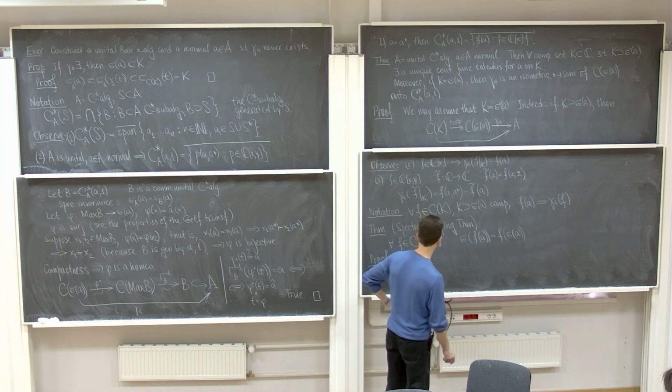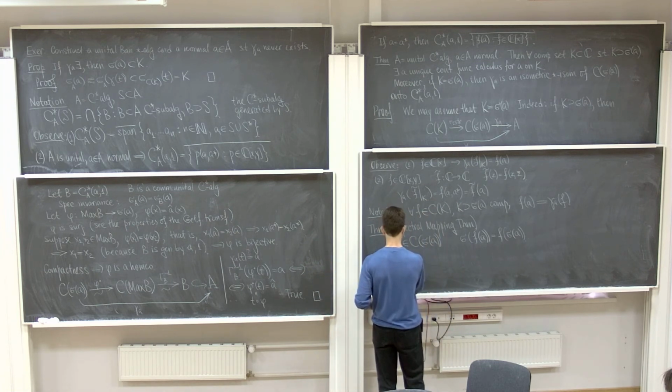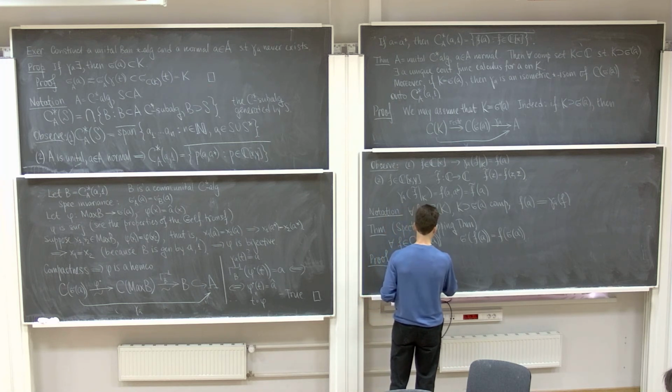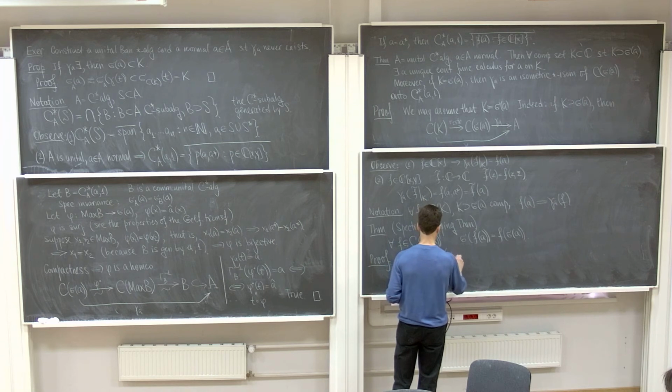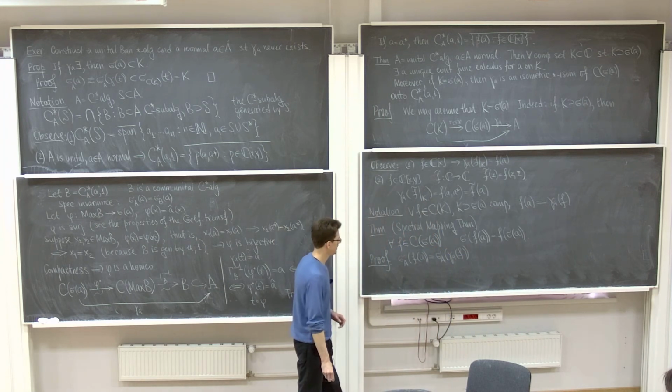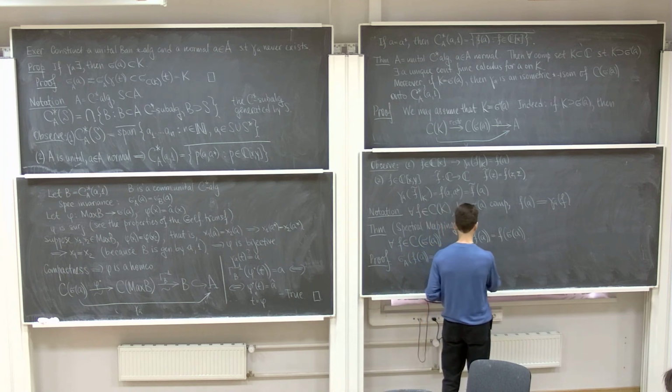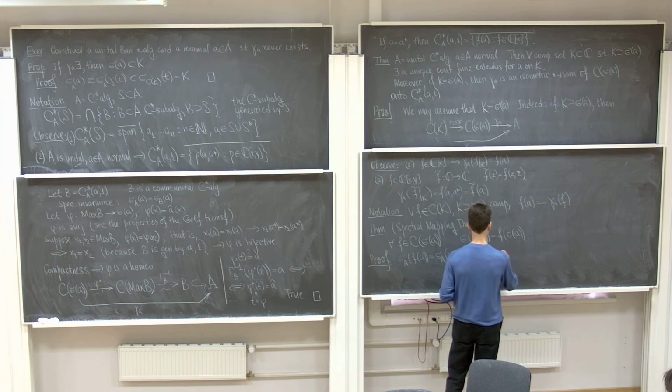Okay, so what is sigma of f of A? Well, f of A is our notation for gamma of f. Now let's recall that gamma is an isomorphism onto the C-star subalgebra generated by little a and the identity. And by the spectral invariance, we can replace here A by this subalgebra.